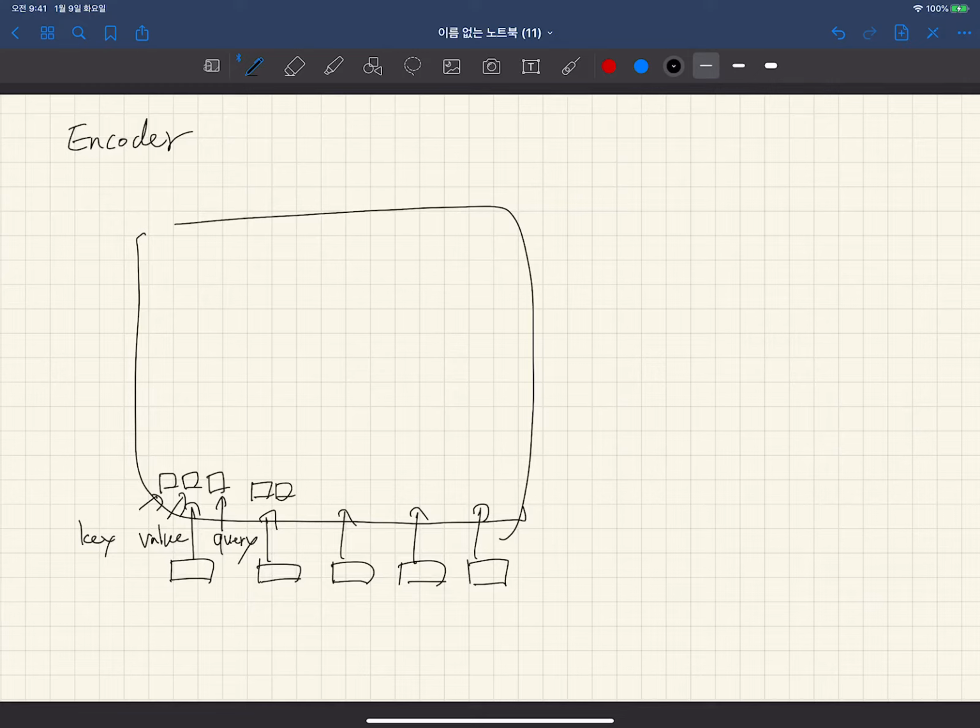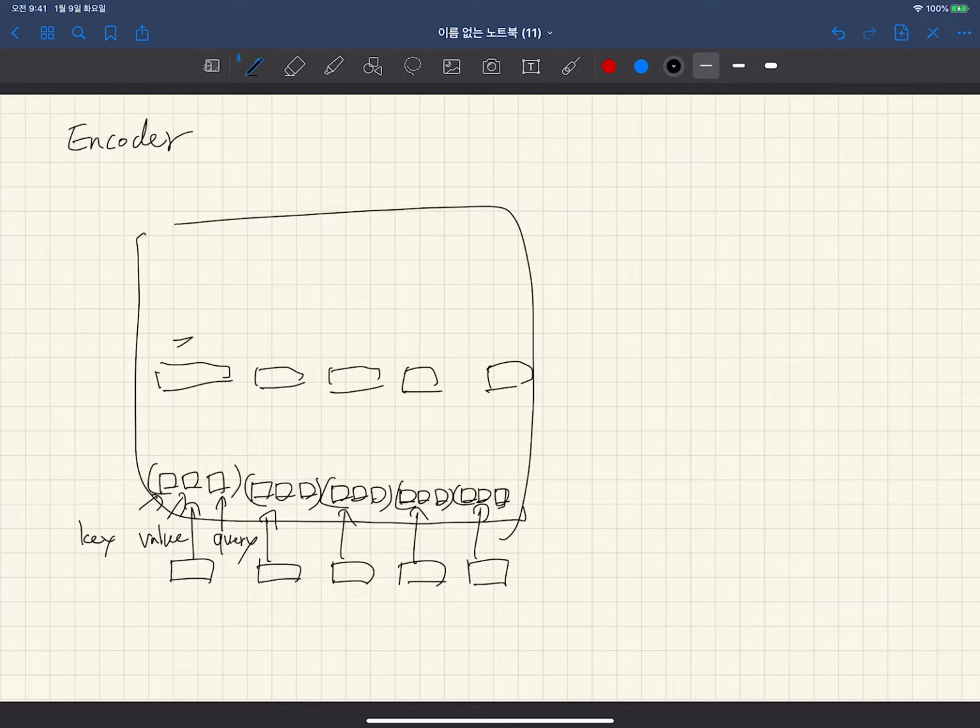Each word has this triple vector set. And using the key, value and query, they compute the next layer hidden state vectors called z1, z2 to zl if the length is l.